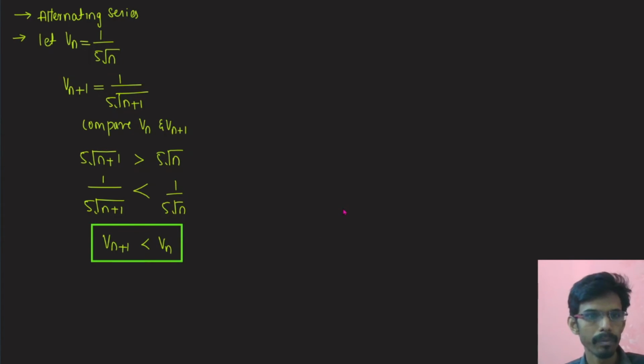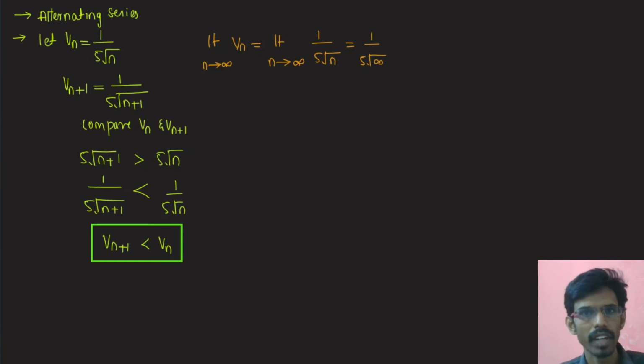Now we go for limit n tends to infinite Vn. That will be limit n tends to infinite, Vn value is 1 by 5 root n. Put the limit here, 1 by 5 root infinite will be 1 by infinite only, that will be 0.